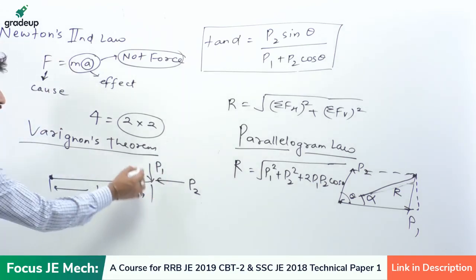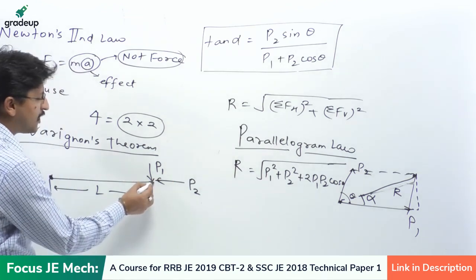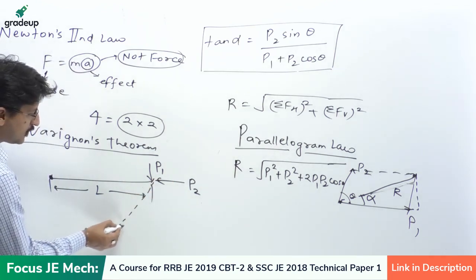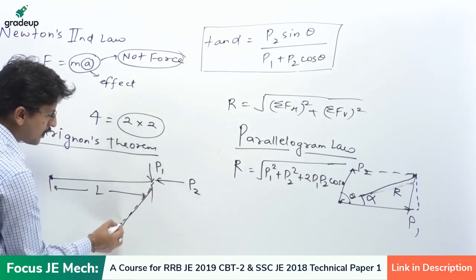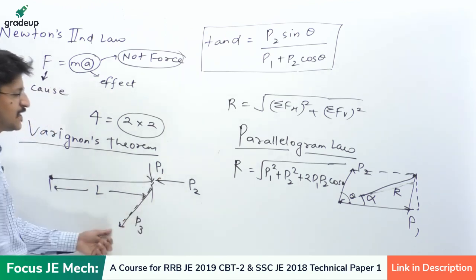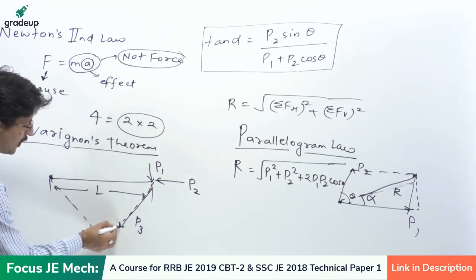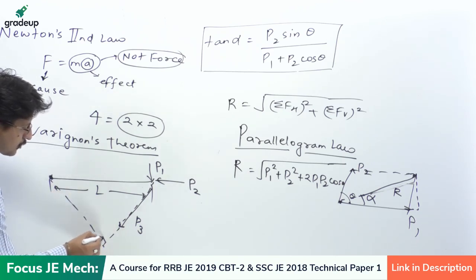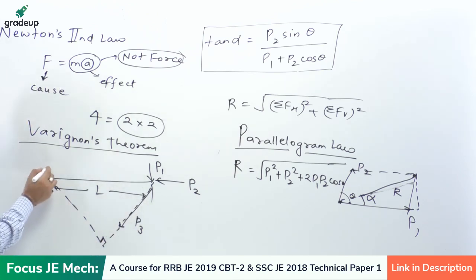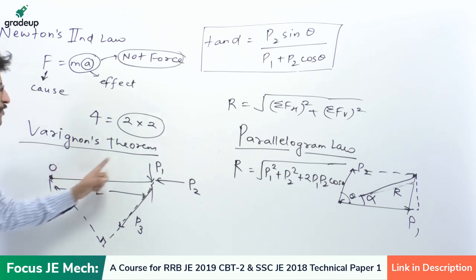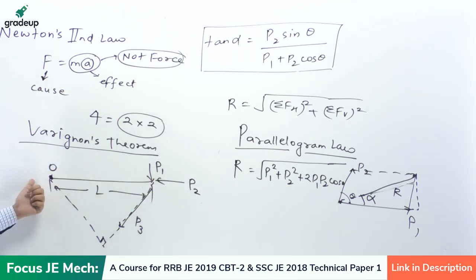If suppose their resultant is like this, that is P3, where P3 is the resultant of P1 and P2, then the moment of P3 about this point, say O, will be equal to the moment of these individual forces about O.